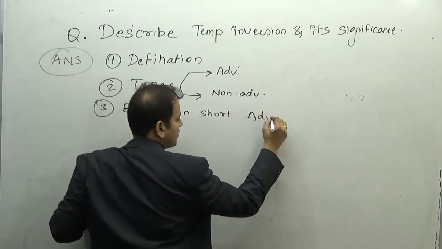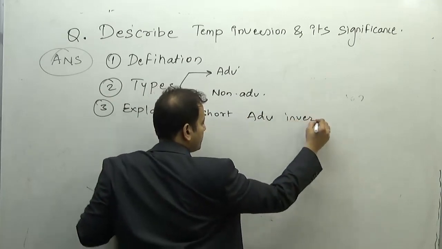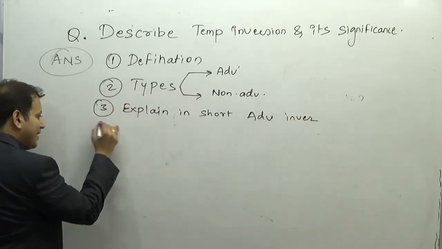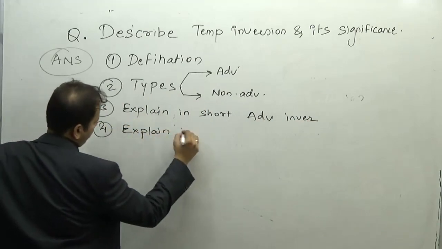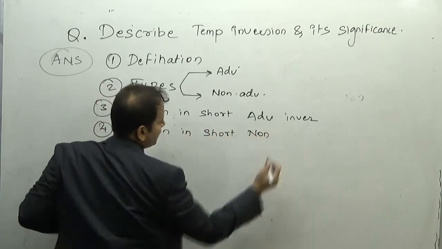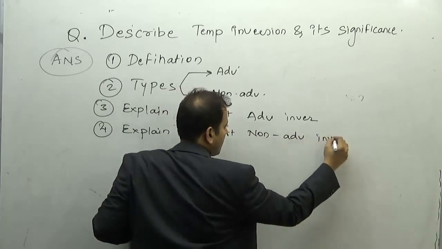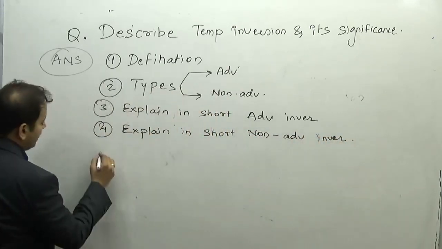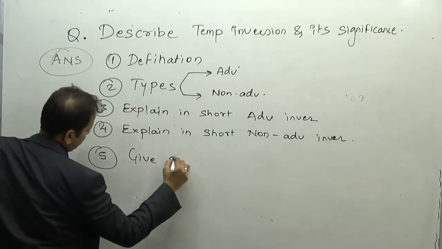Advectional inversion. Explain in short. Non-advectional inversion. And fifth, give significance.